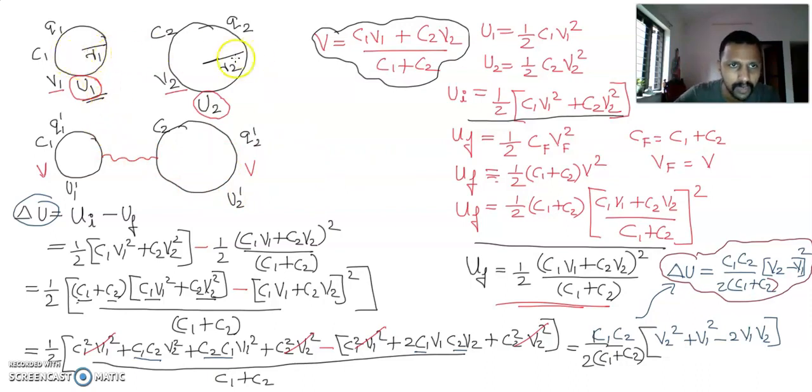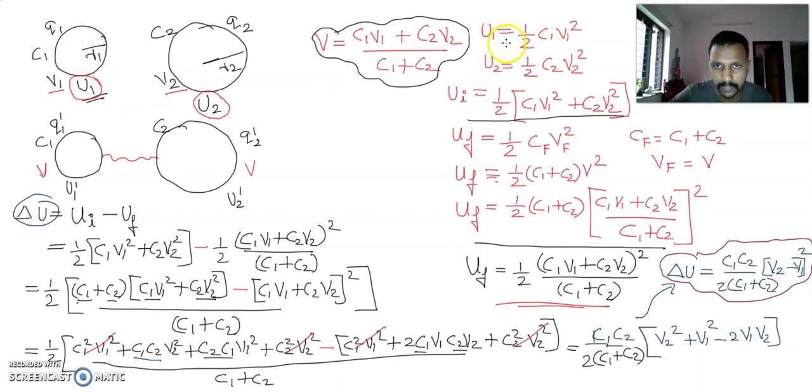That is, we were combining the two charged capacitors and they are reaching a common potential. The common potential that they are getting is C1 V1 plus C2 V2 divided by C1 plus C2. Then we are going to see what is the initial energy of this capacitor.